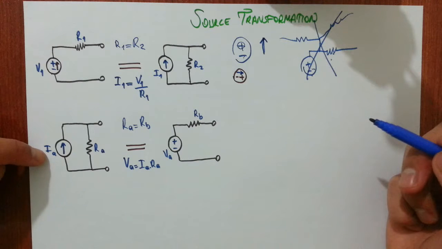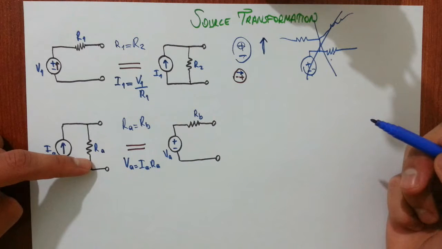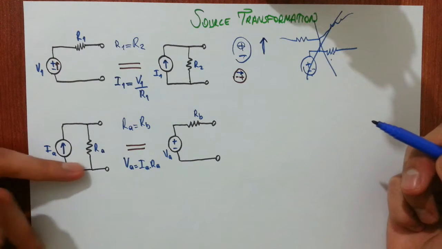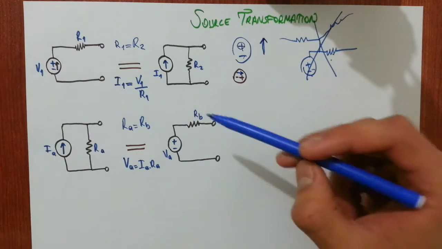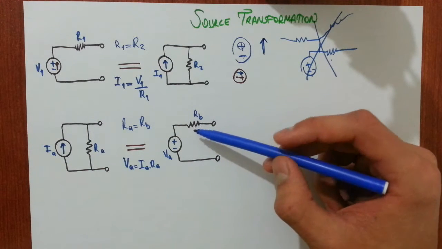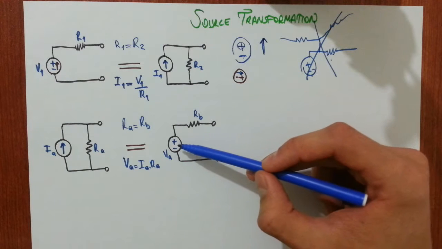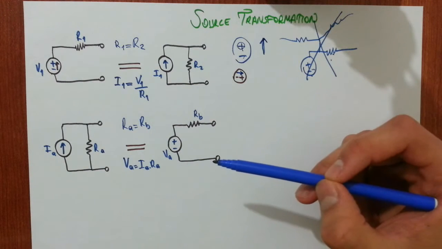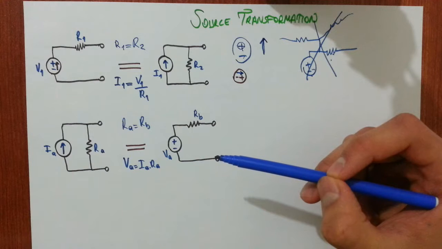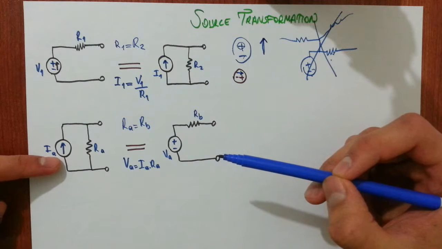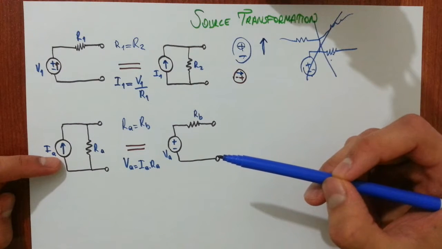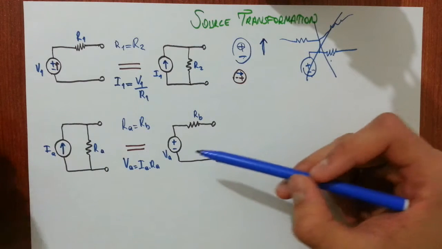Assume that you have 2 amps, you have 5 ohm. You will convert this into a voltage source. Your resistor will be 5 ohms and your voltage source will be 10 volts. If you multiply 5 by 2 you get 10.